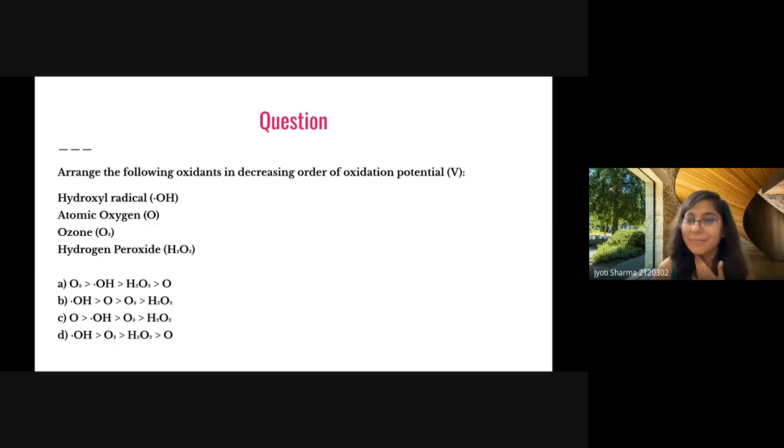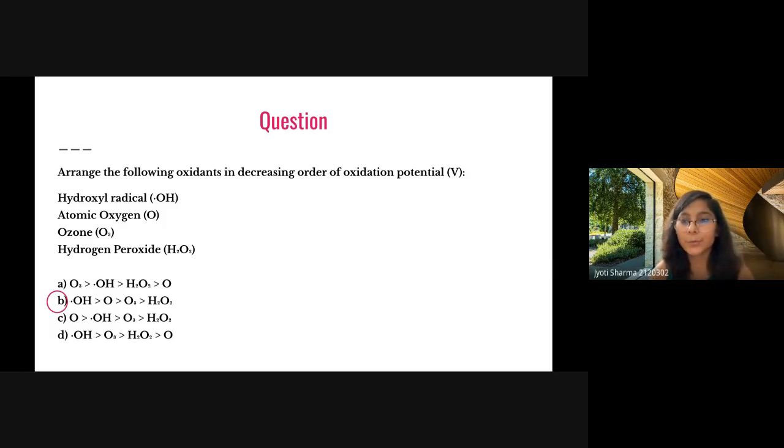Okay, so one gave me B and another gave me D, and let me show you. The answer is B. So yes, the lowest oxidation potential is in hydrogen peroxide. Then higher is ozone, higher still is atomic oxygen, and strongest is the hydroxyl radical.